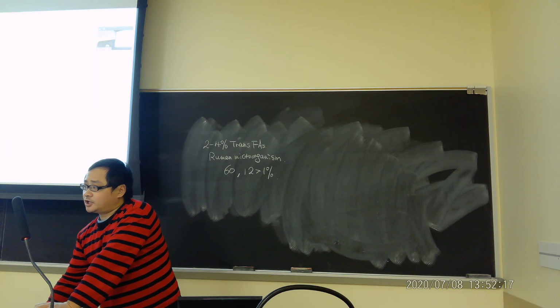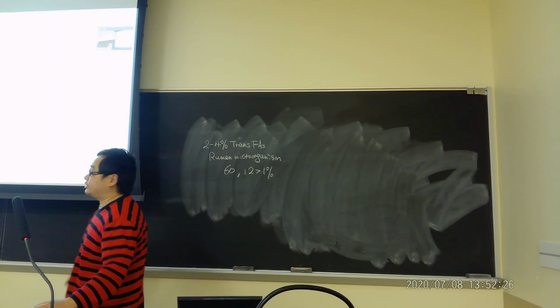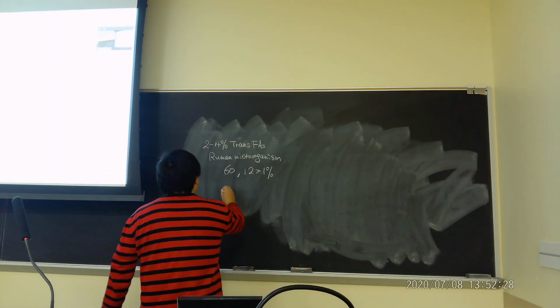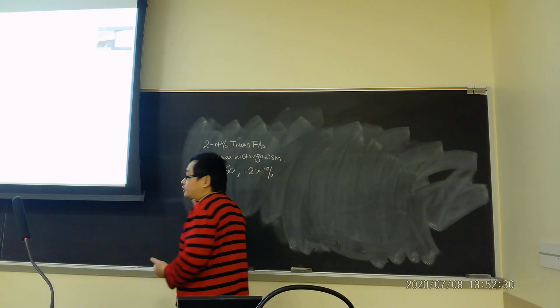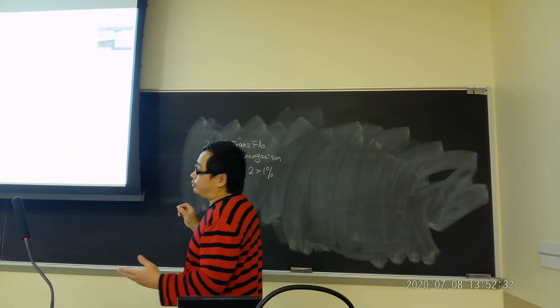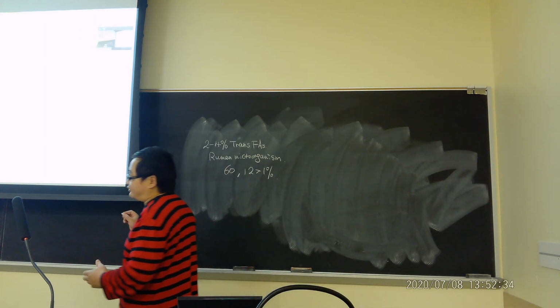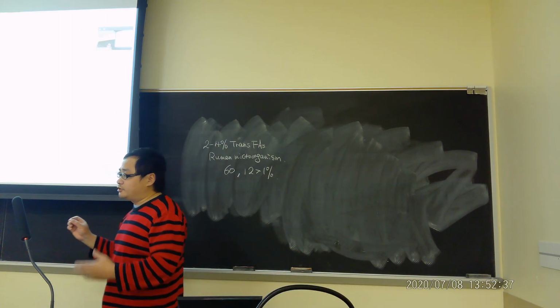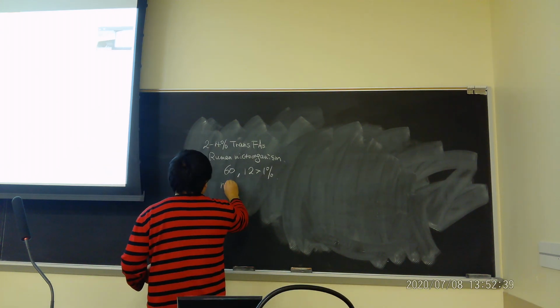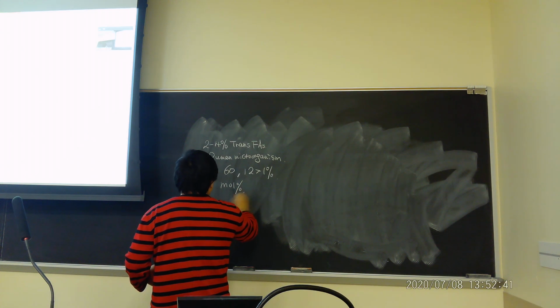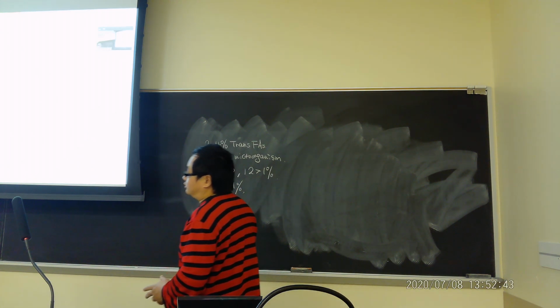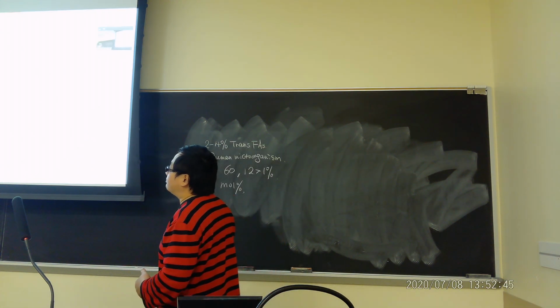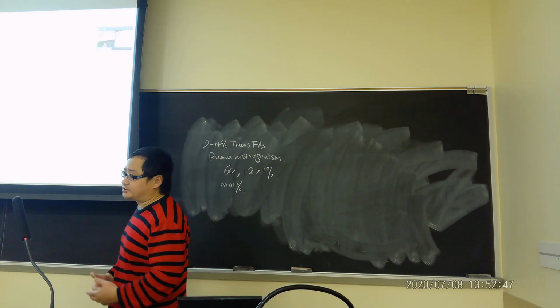Now, this table uses the measurement gram per 100 gram, which is weight percentage. But I tell you, the more accurate way to report the fatty acid composition in a milk fat is using mole percent, because we don't know the molecular amount of those fatty acids.